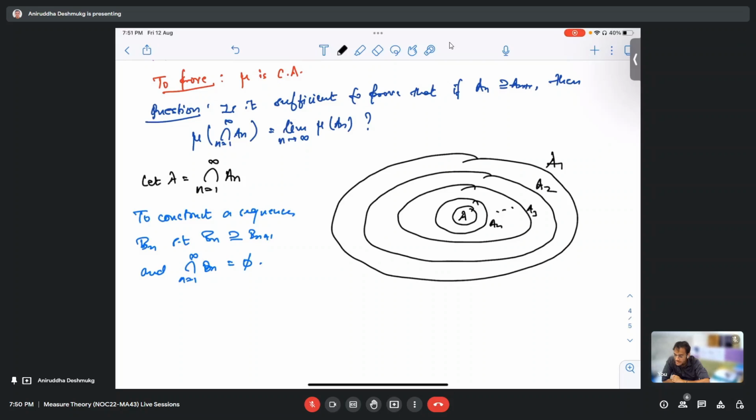So B1 equal to A1, B2 equal to A2 minus B1. A2 minus B1 is the collection of all elements which are in A2 but not in B1. This is going to be empty, right?